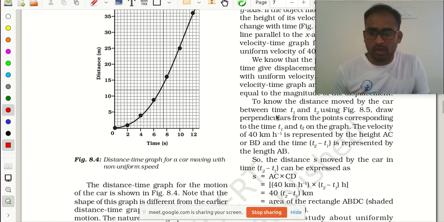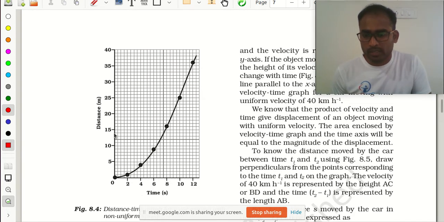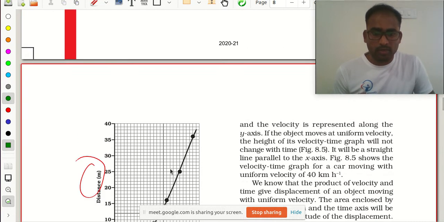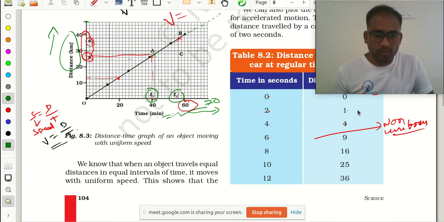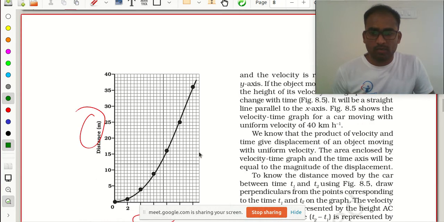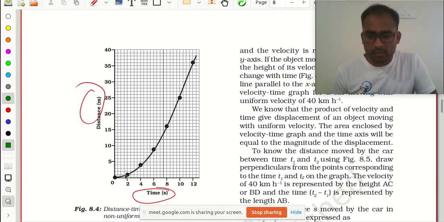If I draw the graph now, I will get it this way. The y-axis is the distance, the x-axis is the time in seconds. At 0 seconds, at 2 seconds we have 1 meter. At 4 seconds, 4 meters. At 6 seconds, 9. If you plot all the points and join them, you get this.